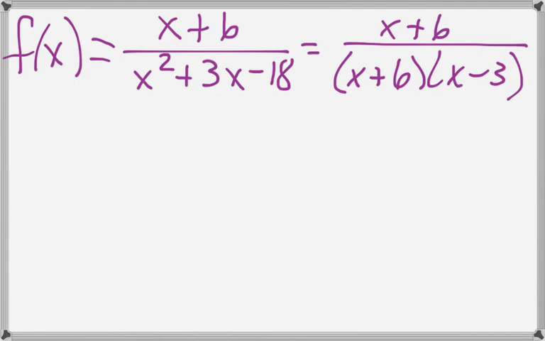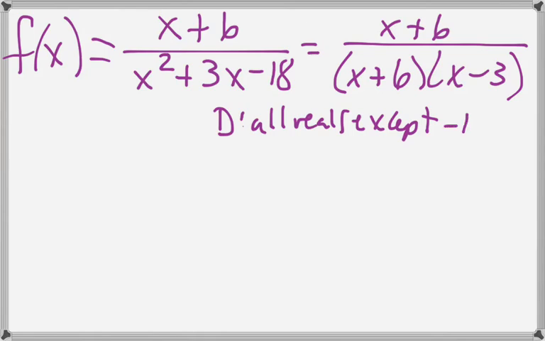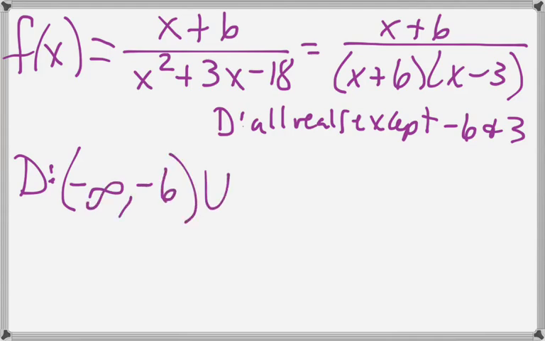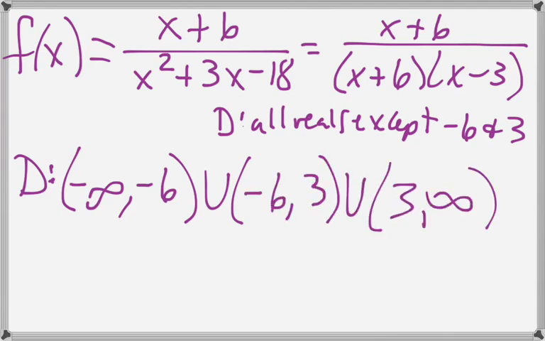And so we can see that the domain is all reals except -6 and 3, because those are the x values that would make the denominator 0. So in interval notation, we would say the domain includes everything less than -6, everything between -6 and 3, and everything greater than 3.